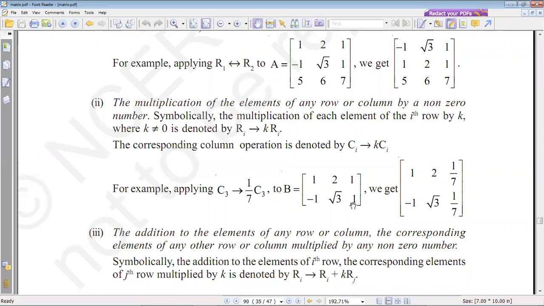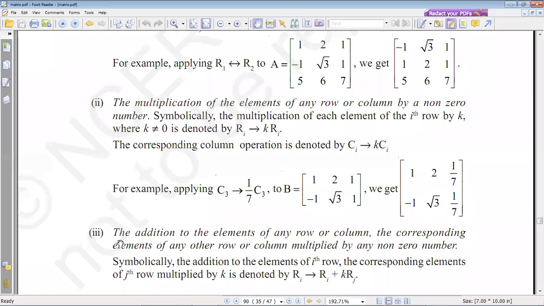The elements of column 3 are 1, 1, so we multiply them by 1 by 7, giving 1 by 7 into 1, and this is also 1 by 7. So this is your second one.